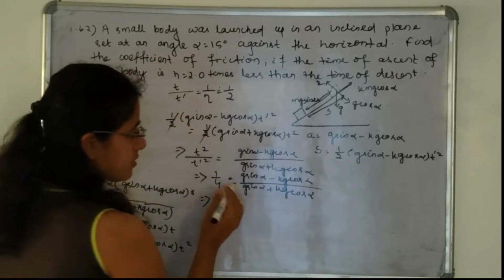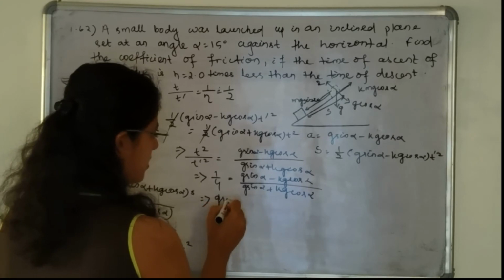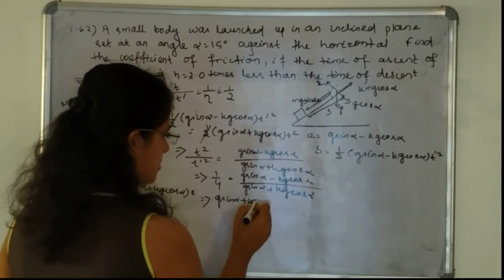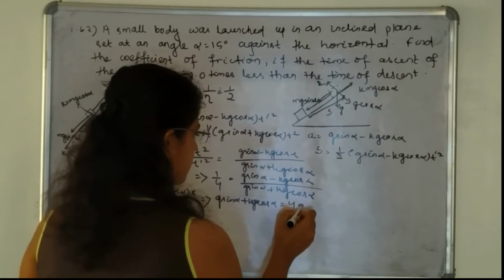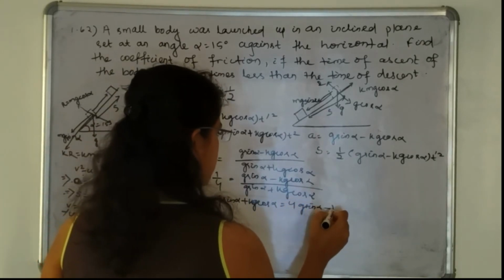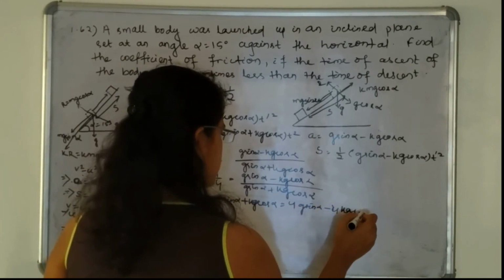Cross multiplying, g sin alpha plus kg cos alpha is equal to 4g sin alpha minus 4kg cos alpha.